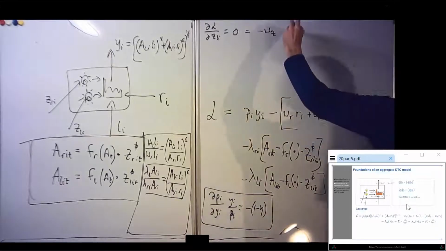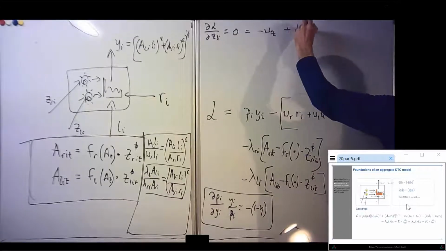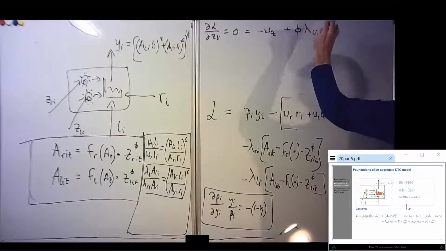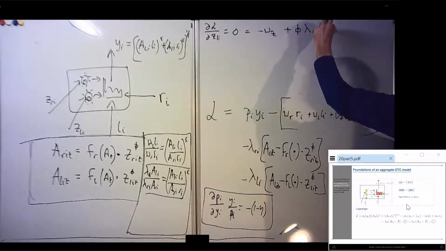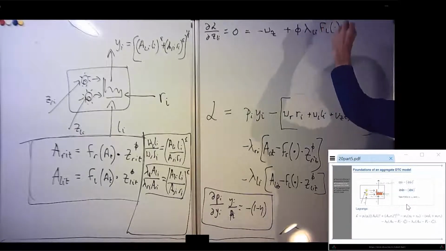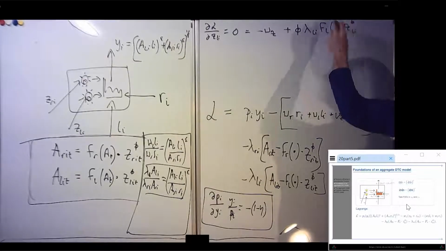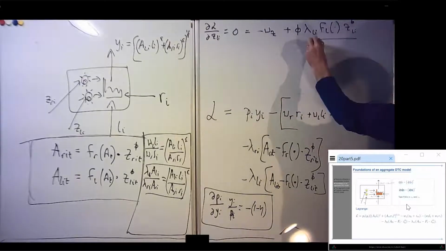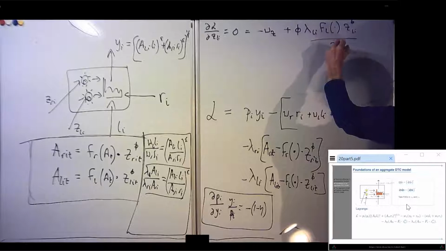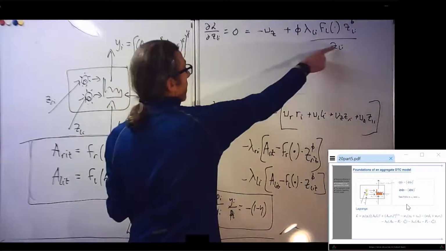So it's plus 5 lambda Li, FL, ZLi to the 5, and I draw the T's everywhere. It's more consistent. Divided by ZLi. Why don't I put the -1 up here, because we're going to end up bringing this over.